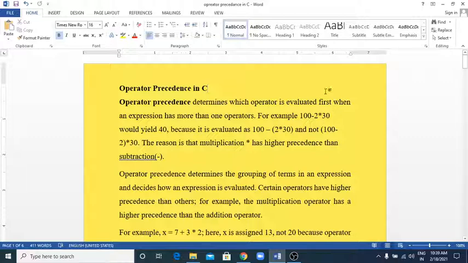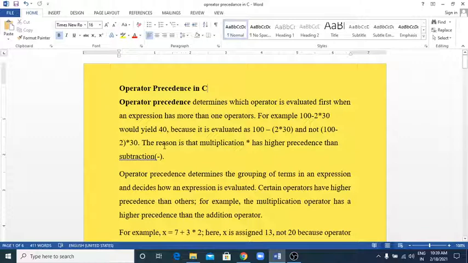For example, suppose there is an expression 100 minus 2 into 30. The output of this expression is 40 because it is evaluated as 100 minus (2 into 30), and not (100 minus 2) into 30.